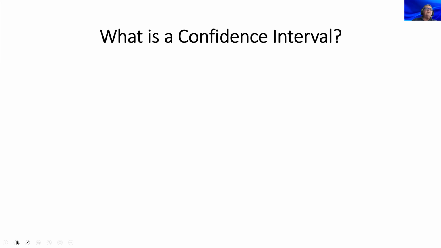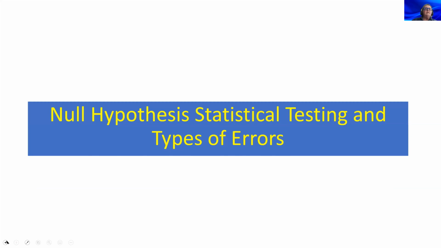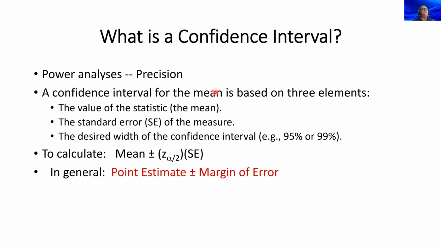The other piece to think about with power analysis is if we use confidence intervals. Some will refer to confidence intervals as a precision analysis, and you'll see this especially in meta-analyses.